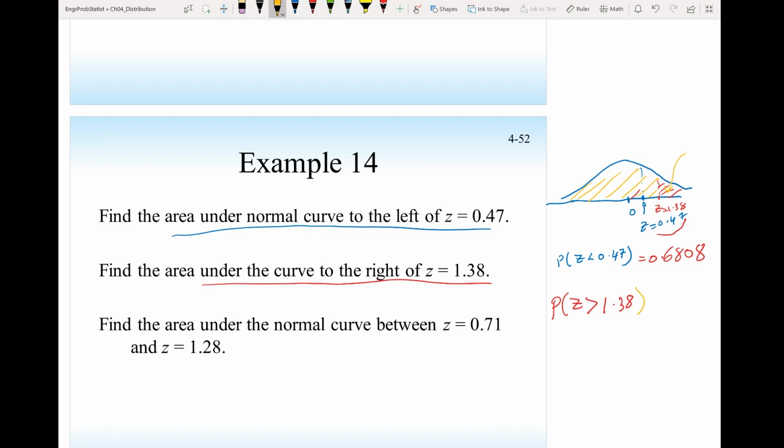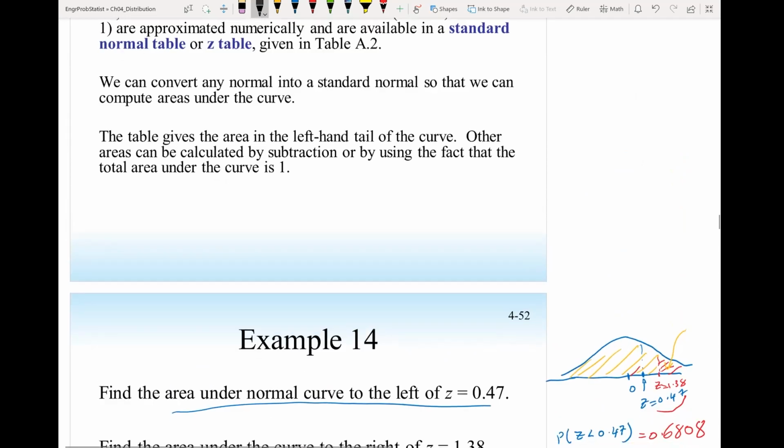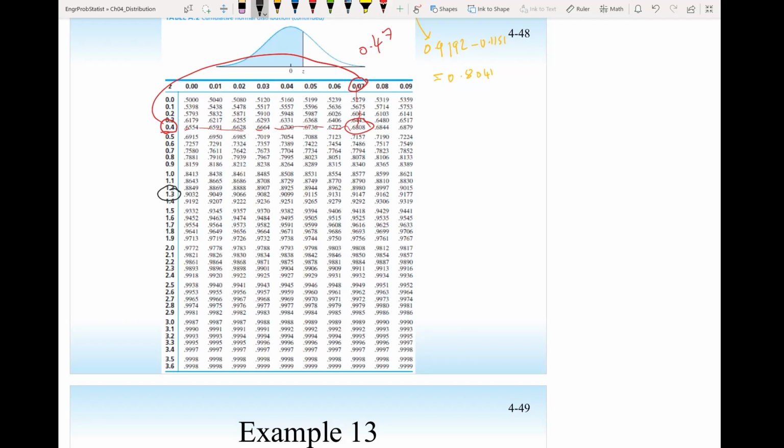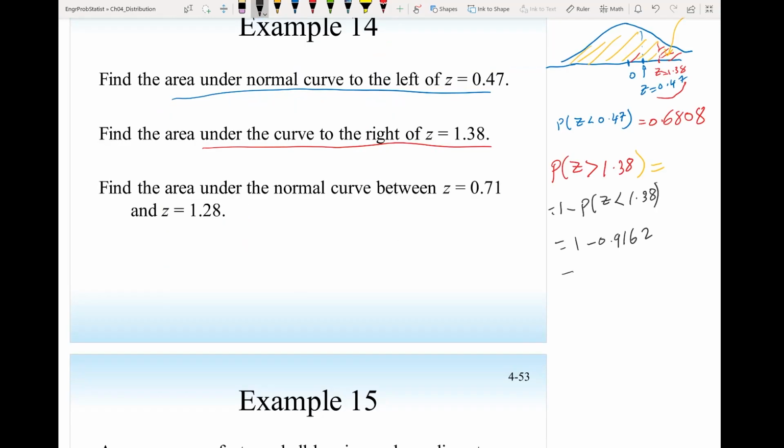So this is the same as 1 minus the probability z less than 1.38. If I use the table, z less than 1.38 is here. This is 1.3 and 8 is here. So I go down here, and that is the probability, 0.9162. So this is 0.0838. And that would be the area of this part.